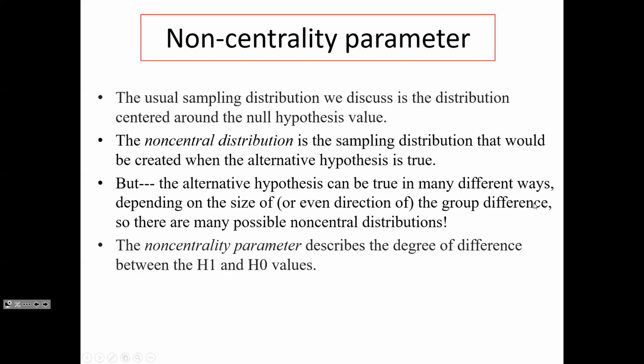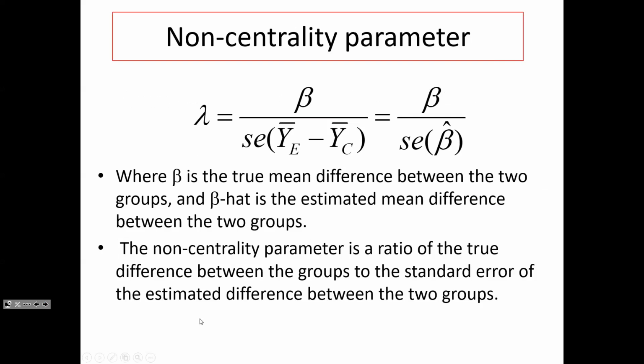And the non-centrality parameter that people make reference to is basically the degree of difference between your null hypothesis and your alternative hypothesis. So it's a way of expressing how different your null and alternative hypotheses are. For the tests we're going to think about, like in regression, let's say this beta is expressing the true mean difference between two groups.